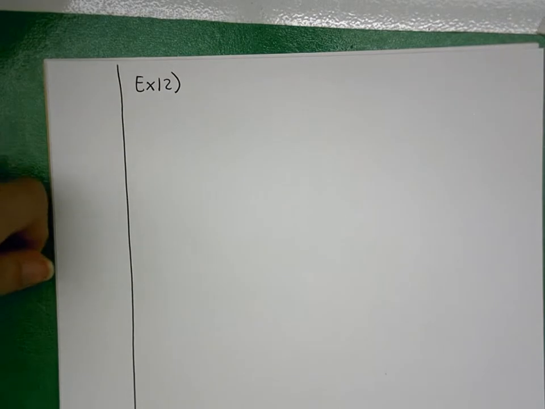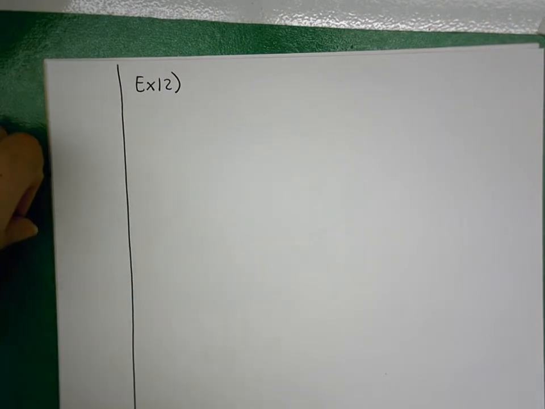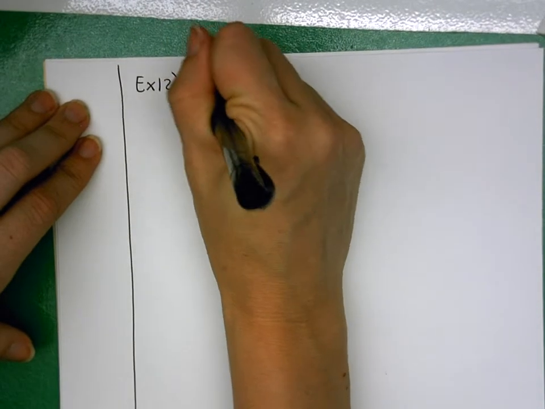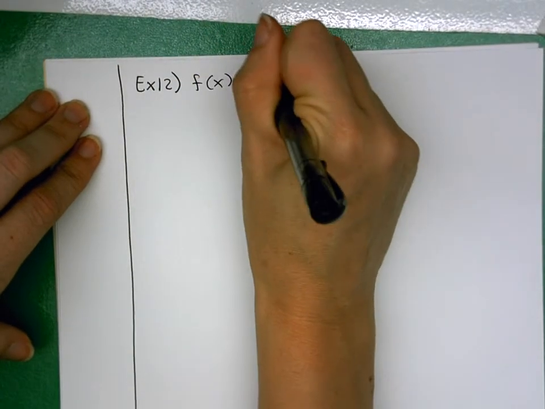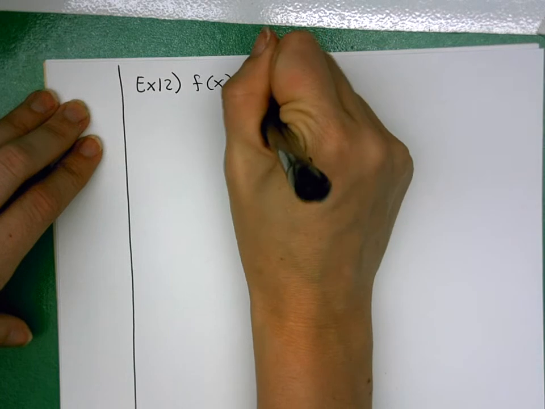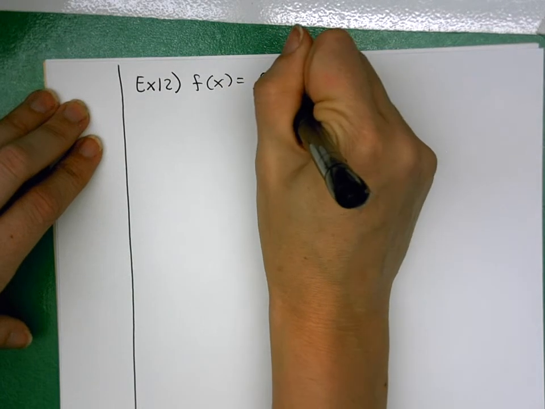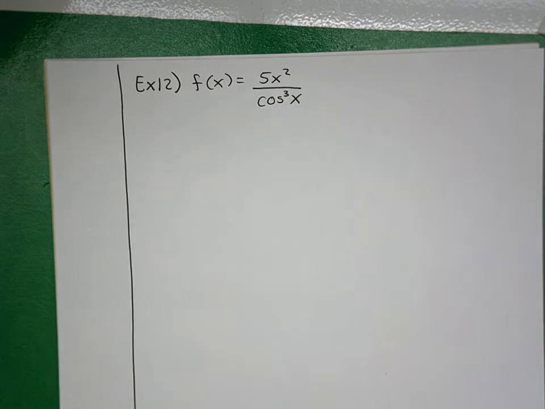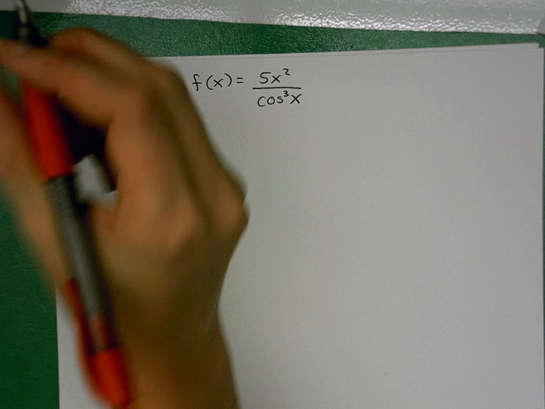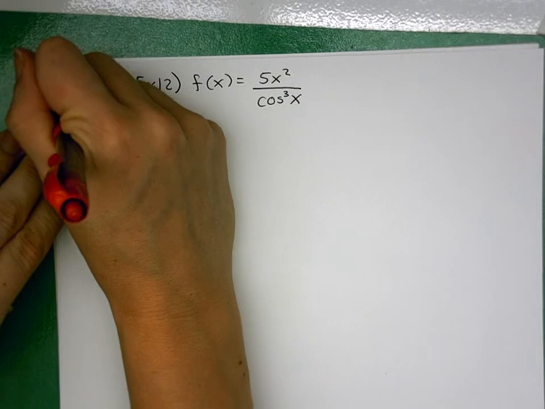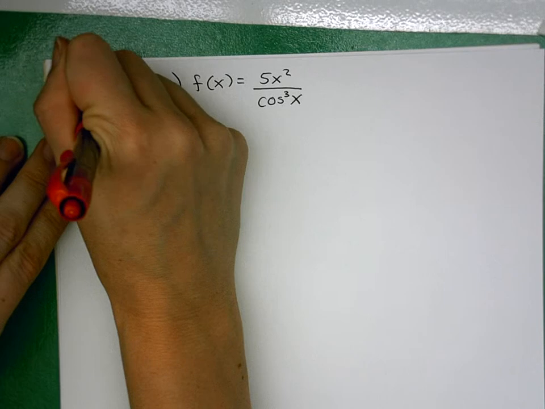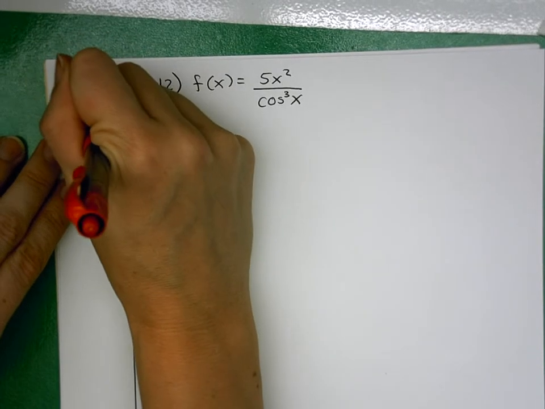Okay. Example 2, we have 5x squared, f of x equals 5x squared over cosine cubed of x. Example 12. Okay, so what rules do you see at play? Okay, we've got quotient rule, no way around it. If you have 2 things divided, you have to use quotient rule unless you can get rid of the division.